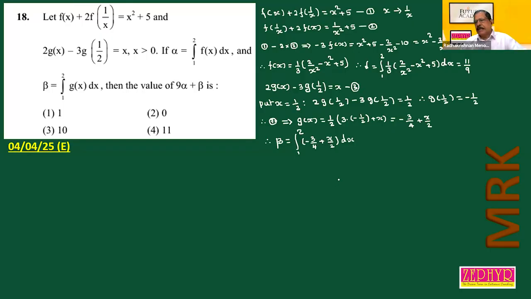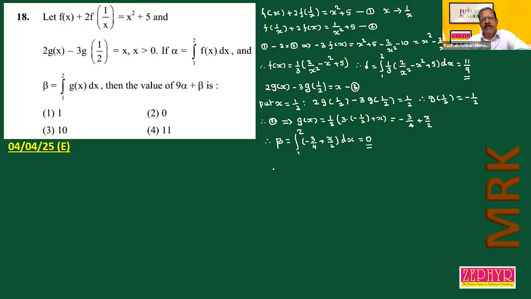So integration is very simple. You have to evaluate it. Once you evaluate, you will find that the value of this beta is equal to 0. So we got alpha equal to 11 by 9 and beta equal to 0.